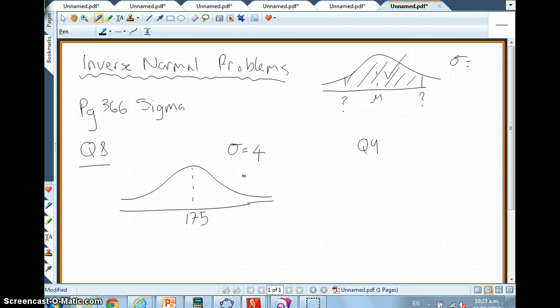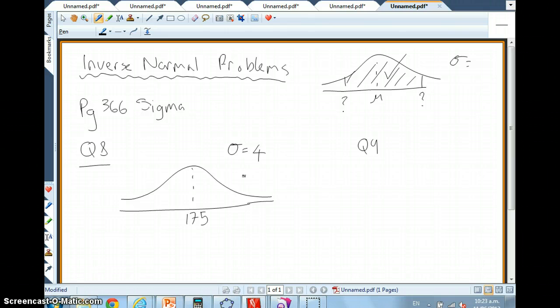The airline wants to install seats so that 98% of passengers are short enough to fit the seats without their knees touching the seat in front. What height of passenger should the seats be designed for?